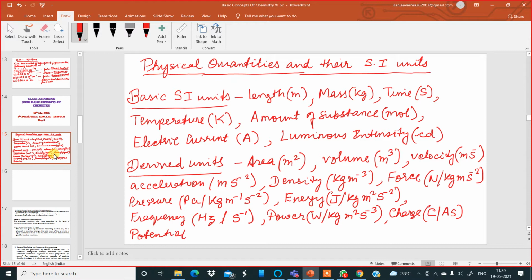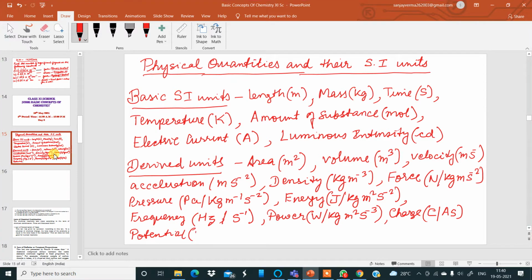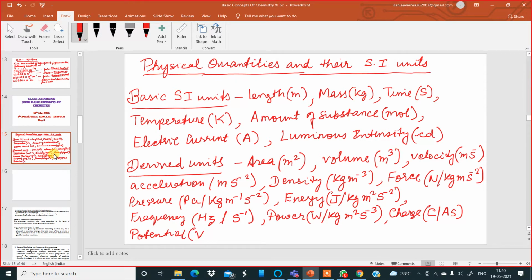For electric potential we write capital V, volt. You must have done this in class 10 in the chapter on electricity, under Ohm's law. We can also write it as kg meter square per second cube per ampere.